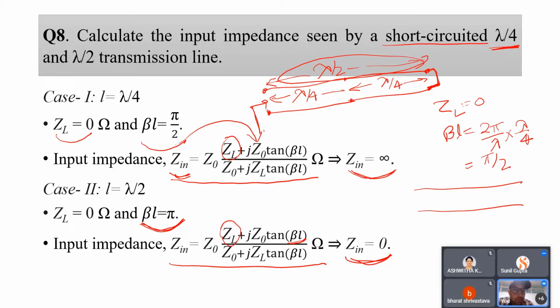If this is ultimately short circuiting at the load end, why are you adding this additional lambda by 2 length of transmission line? You can just remove it. If you are short circuiting at the load side, the same will be observed at the input end, so no need to add this length of the transmission line. This will be redundant. Any doubt in this question?